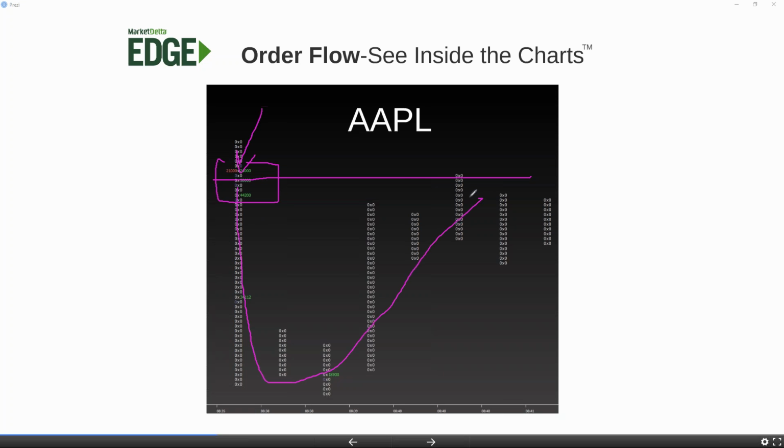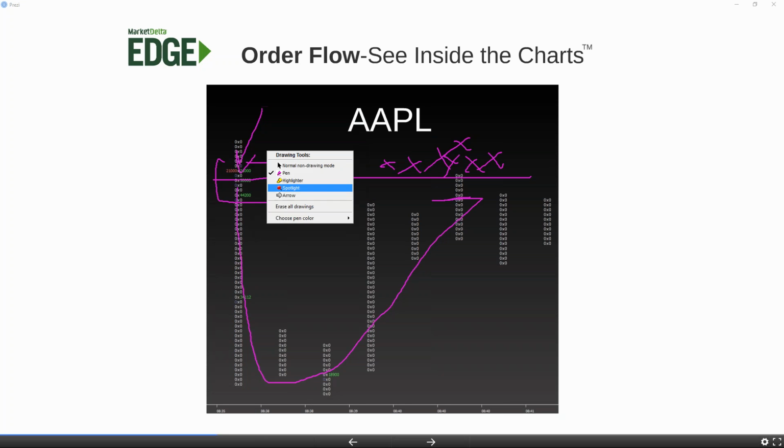As soon as it comes back up, they're all trying to do what? All these purple X's up in here are sellers, potentially trying to cover losing long positions. Again, that's going to be your best resistance that you'll ever be able to find or pull out.